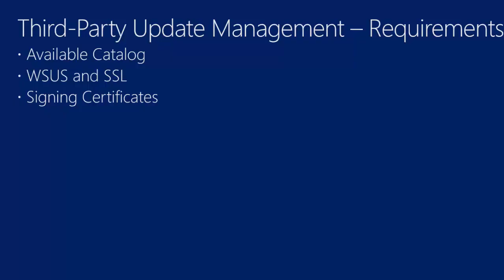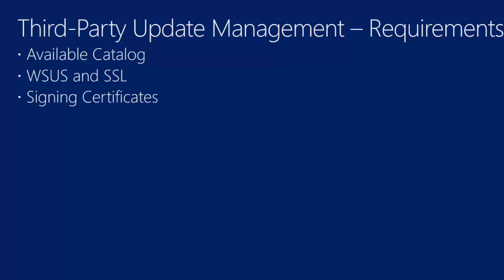That signing certificate can either be self-signed, which is an easier scenario for sure, because it allows ConfigMgr to do a lot of the work for you. It could also be produced by a certificate authority, right? That certificate authority could either be a commercial certificate authority or one that is on-prem. And again, this signing certificate is specifically required by WSUS.